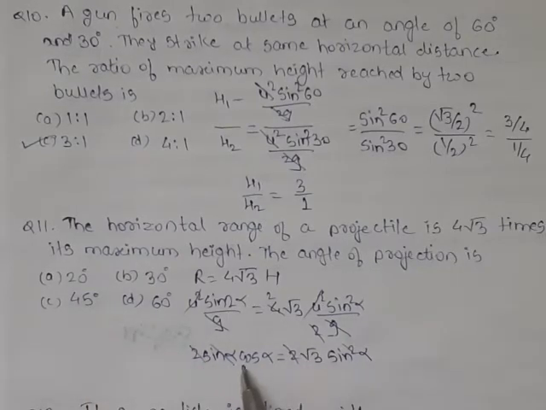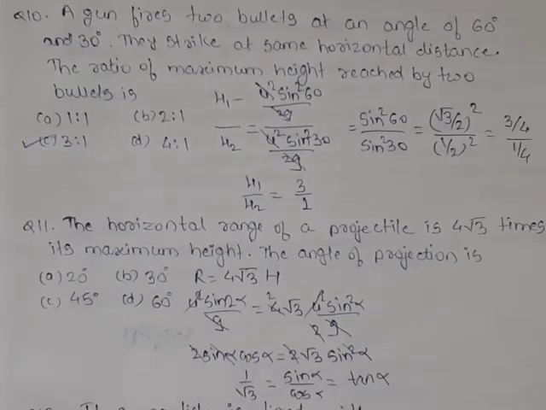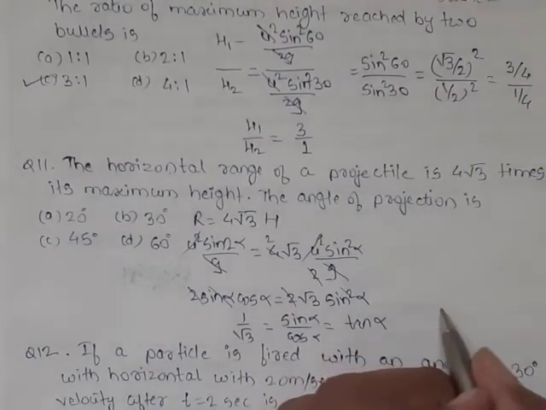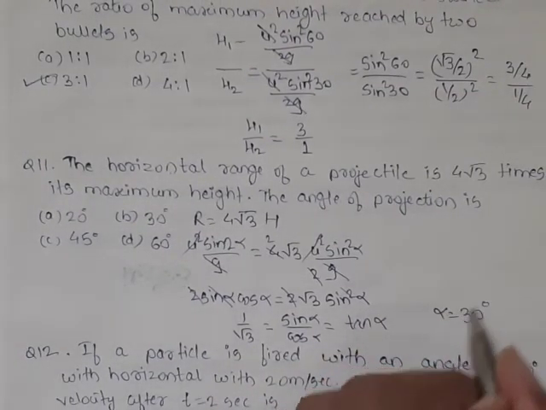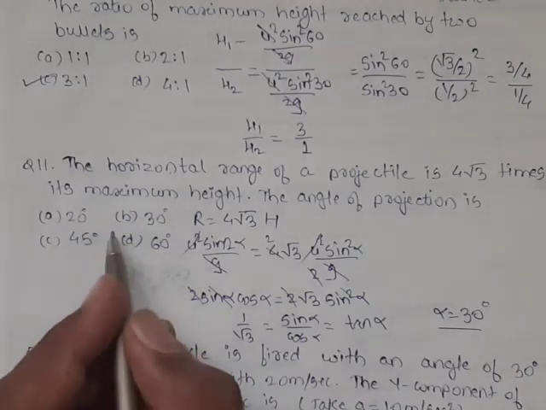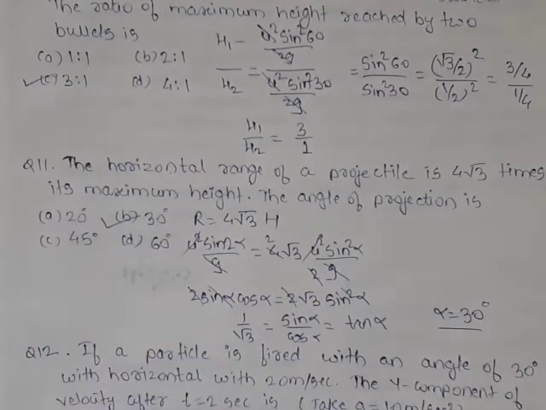Finally we can write down cos alpha is equal to root 3 sine alpha, or I can rearrange: 1 upon root 3 is equal to sine alpha upon cos alpha. So sine upon cos is nothing but tan alpha. We know that tan 30 is equal to 1 upon root 3, meaning alpha is equal to 30 degrees. So when alpha is equal to 30 degrees, tan alpha is 1 upon root 3. So for question 11, option B is correct.